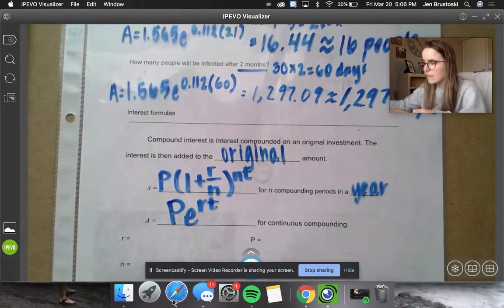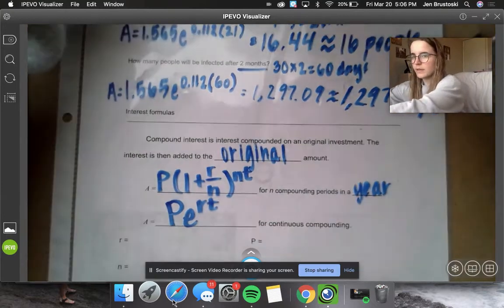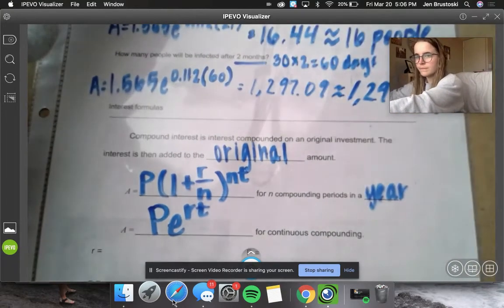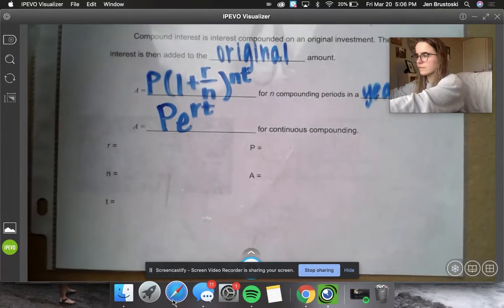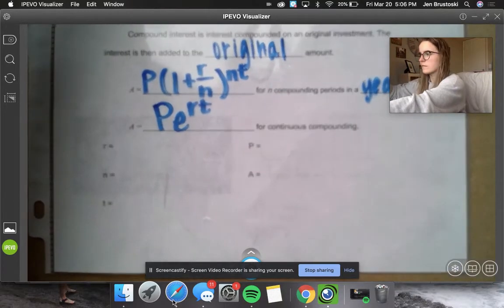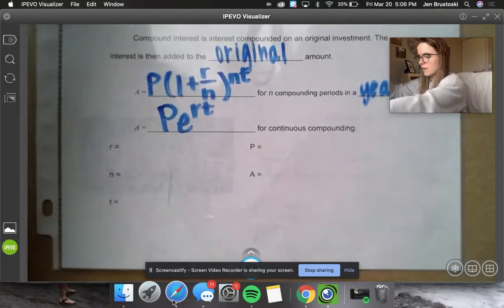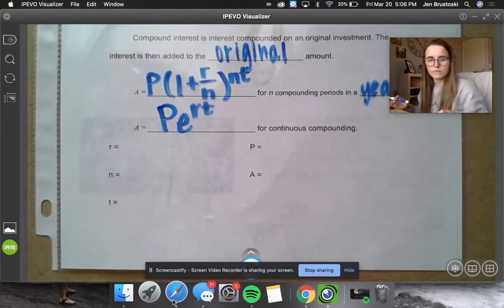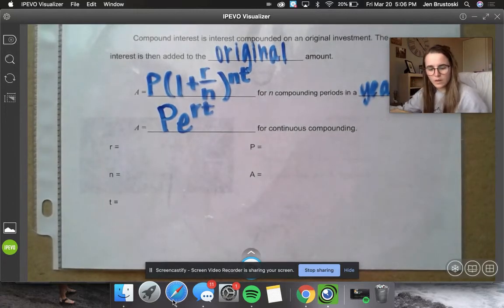All right. So here are, let me adjust the camera. Okay. Nope. There. Okay, so let's just talk about what each of these things are. It'll tell you if it's compounding continuously or if they're compounding periods, so you don't have to worry about knowing which one.